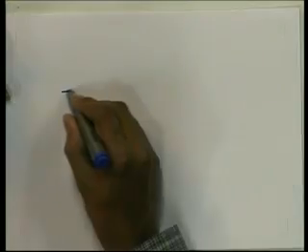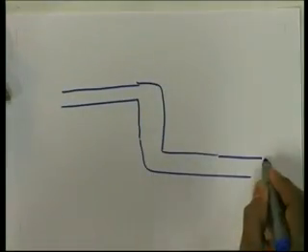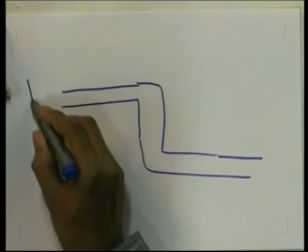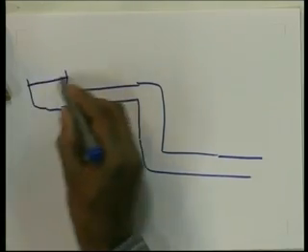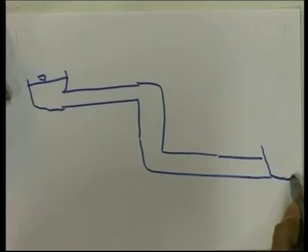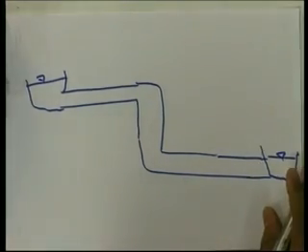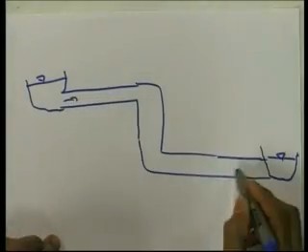When the flow is taking place from one location to another, for example, if we consider a pipe flow like this, from one reservoir to another reservoir, or one tank to another tank, the flow is taking this direction.